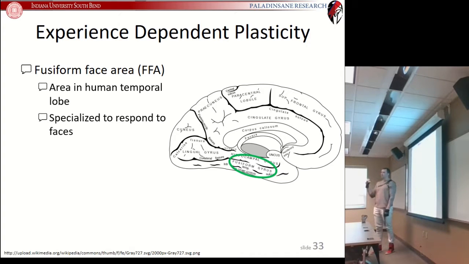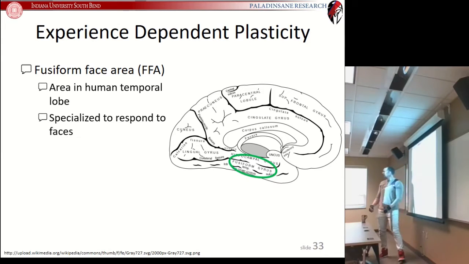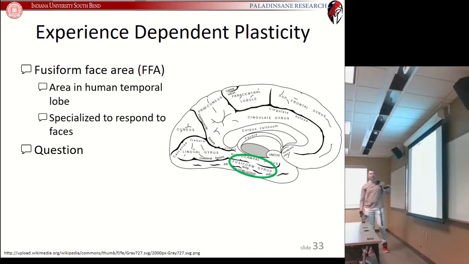So if you put somebody into an fMRI machine and you show them a face, this area will absolutely light up. If you show them something that isn't a face, this area will not light up. So it's been implicated in perception of faces. It seems to be specialized, responding only to faces.